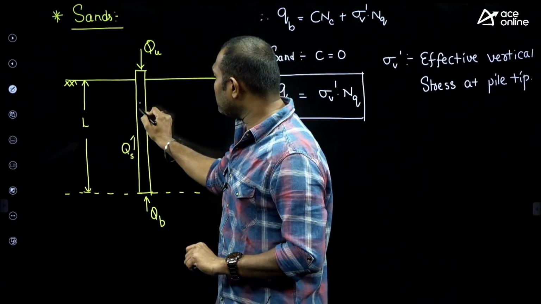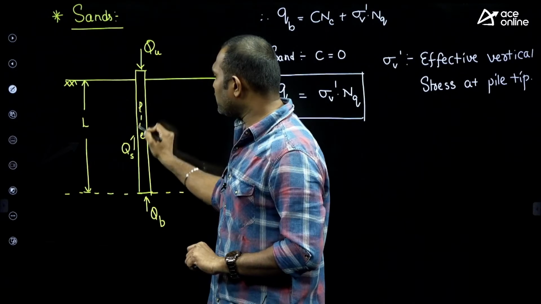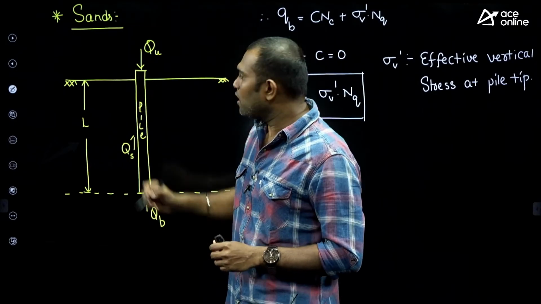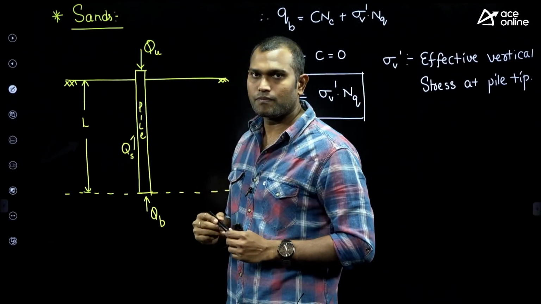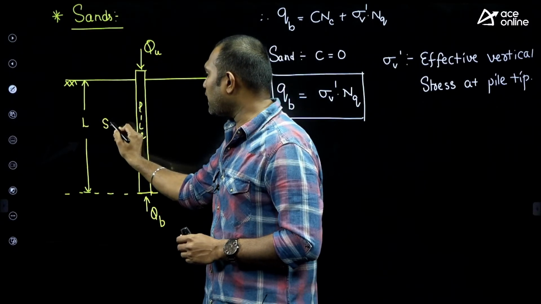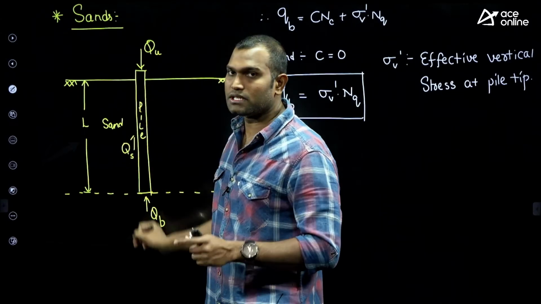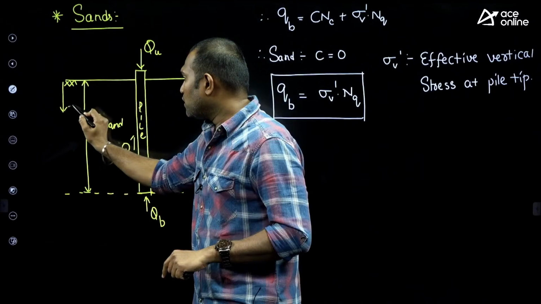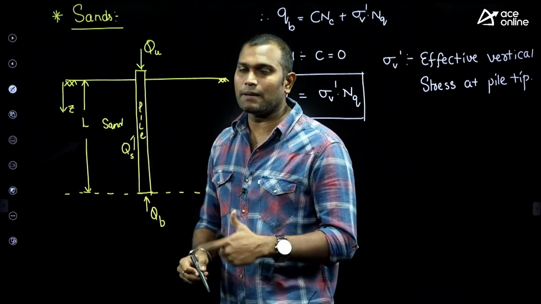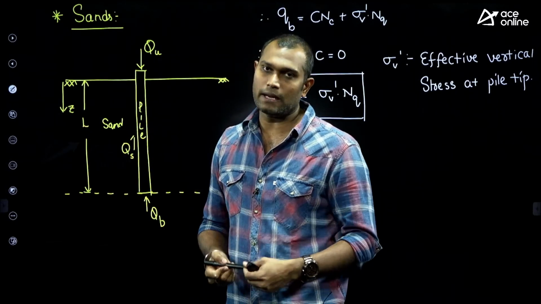The stiffness of the pile is constant from top to bottom. But if you see the surrounding sand, the stiffness of sand is not the same from top to bottom, because with depth the denseness of the sand keeps on increasing as you go deeper and deeper.